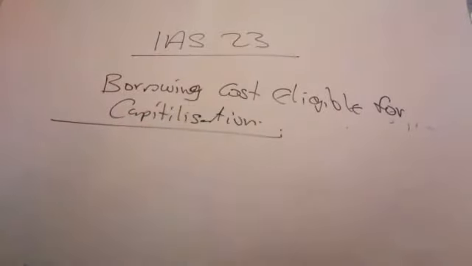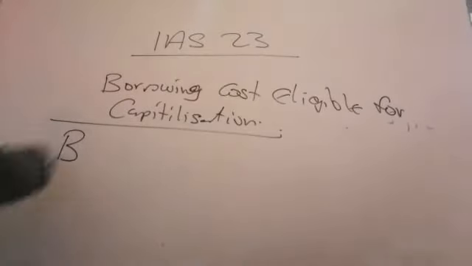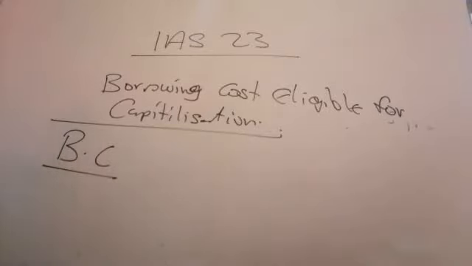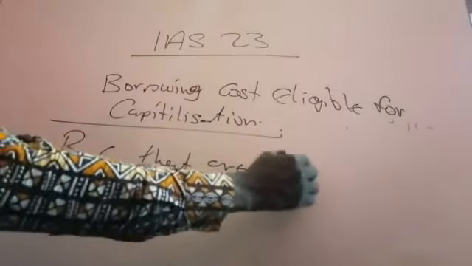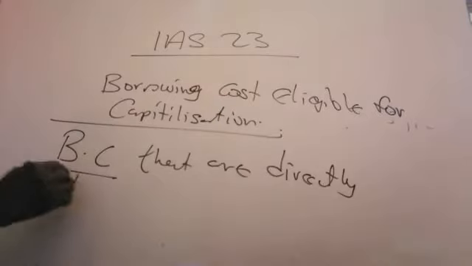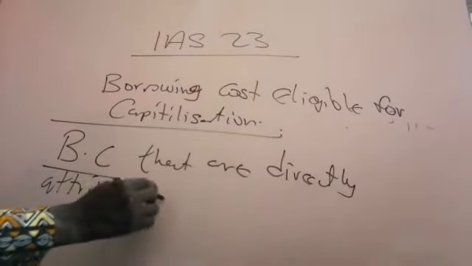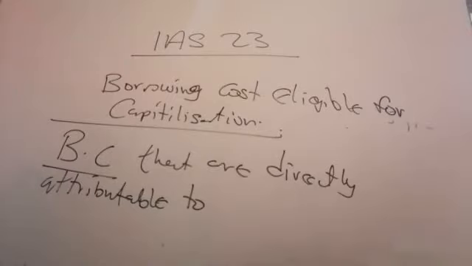Now here, these are the borrowing costs that are directly attributable to the acquisition, construction, or production of qualifying assets. So borrowing costs, no shortcuts in exams, that are directly attributable to the acquisition.